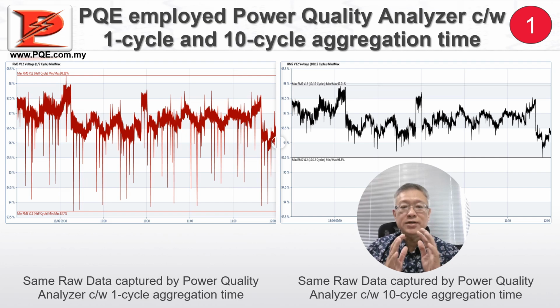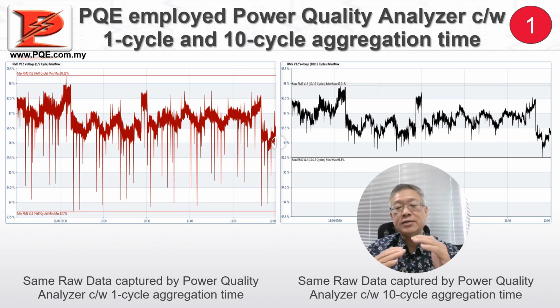You can see from this slide the difference of using single cycle aggregation as compared to 10 cycle aggregation. One cycle aggregation gives you a true picture, a more detailed voltage profile. You can see the voltage fluctuation is much wider as compared to 10 cycle aggregation time. Why?